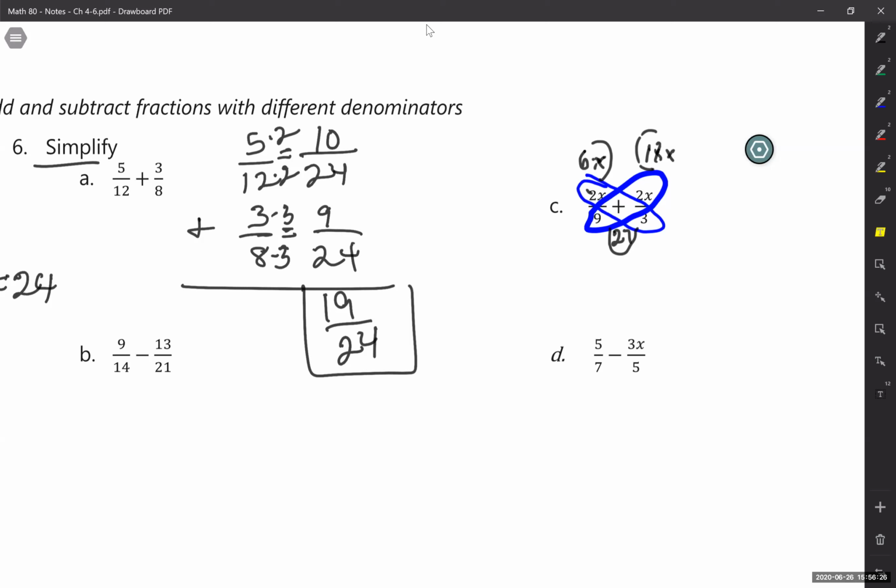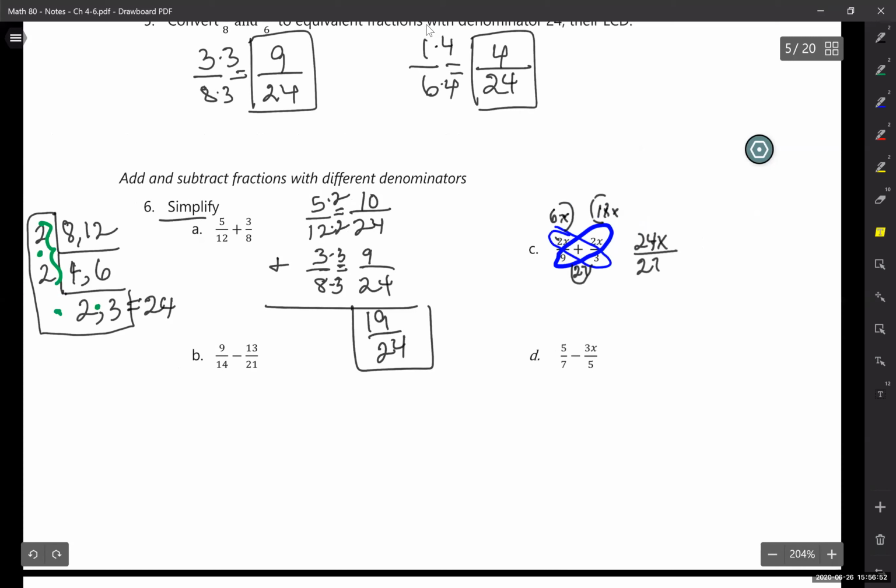I have not found an LCD. I just kind of multiplied a bunch of stuff together. And now, since this is an addition problem, I'm going to add 6x plus 18x, which is 24x, over my denominator of 27. All right, I think my pen's cutting out because I zoomed a little too far in there.